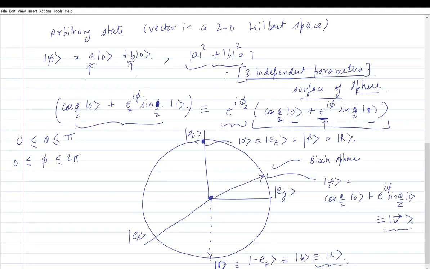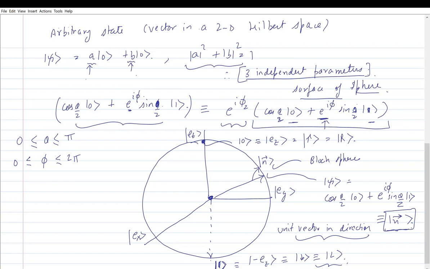It's a unit vector in the direction n. That's how I represent it by n. So this is going to be, in general, some, let me label it as n, this state over here.